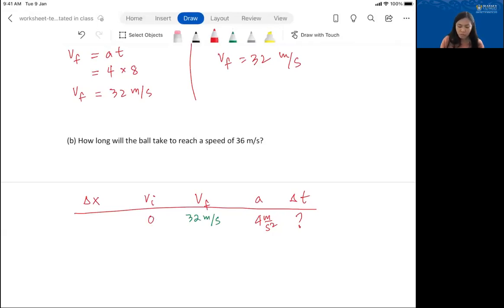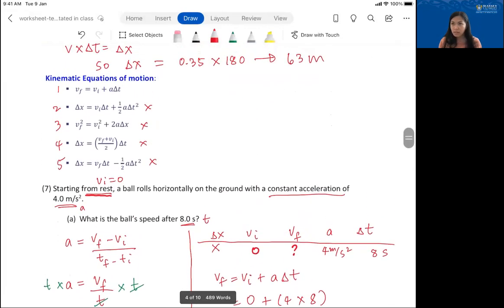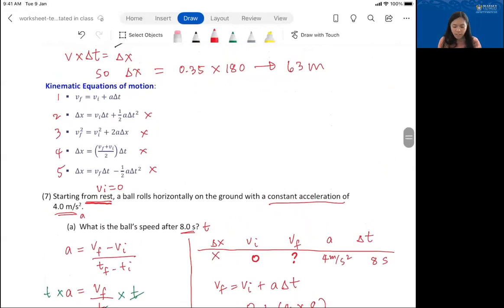Delta X, we still don't know. It's still not given here. So if we were to find delta T, anything that has delta X, we cannot use again.